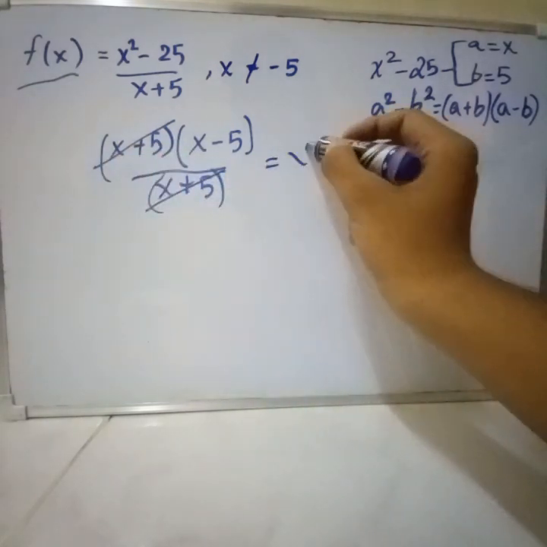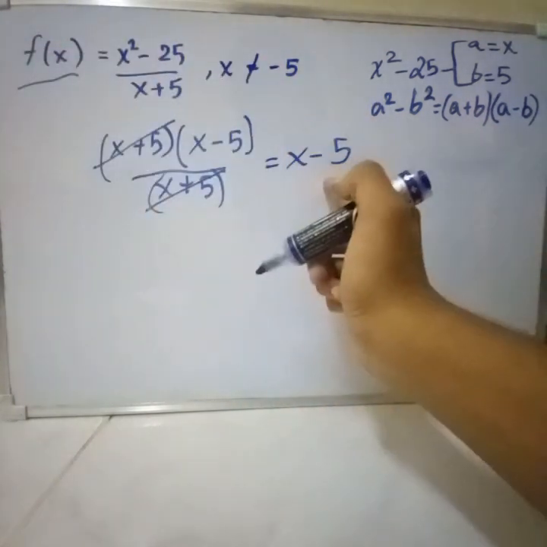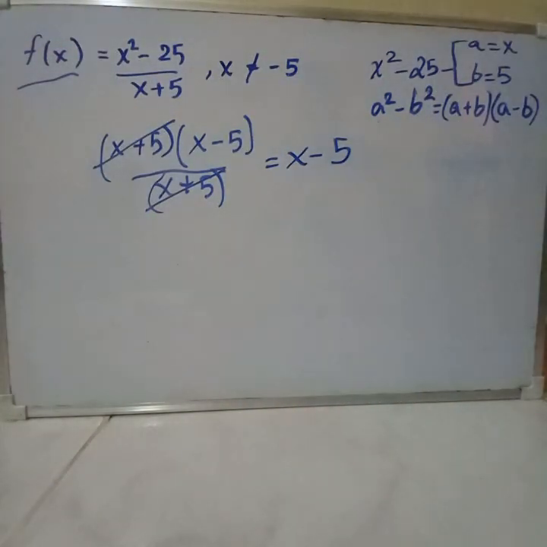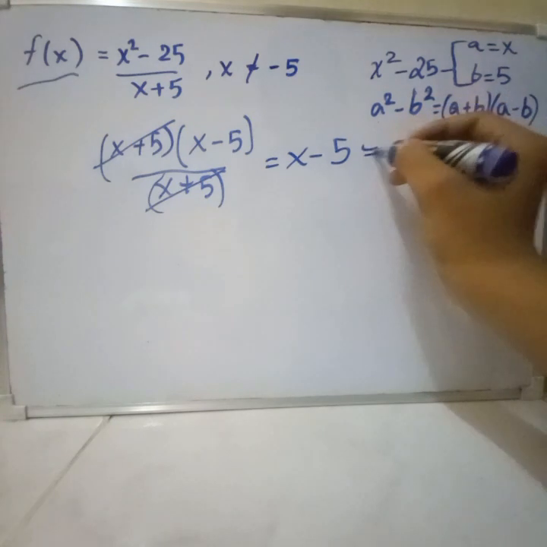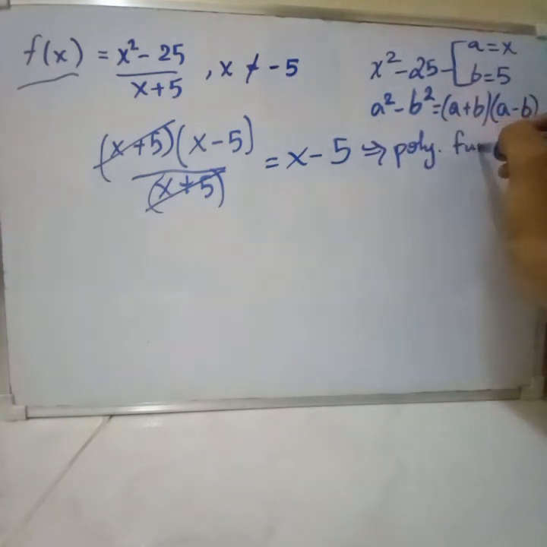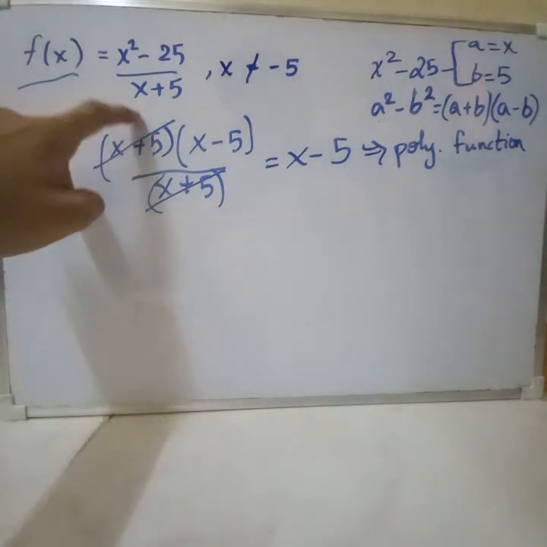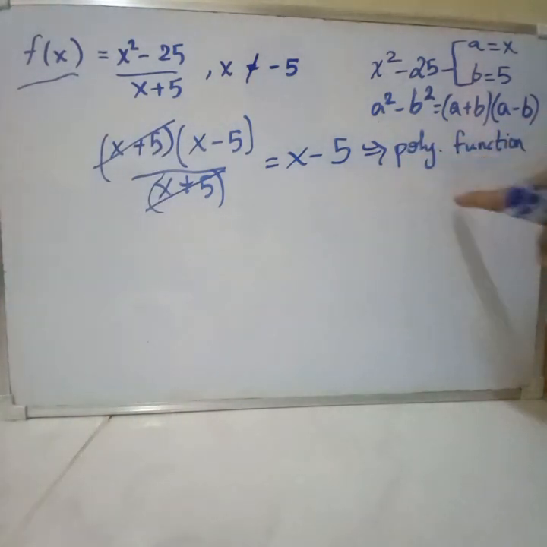So finally we arrive at this simplified answer. Our f of x is equal to x minus 5. So if you see, this is a polynomial function, right? And as it is a polynomial function, we know that every polynomial function is continuous at every point. So we can say that the given function is also continuous at every point.